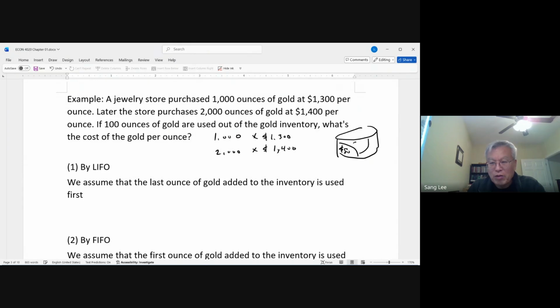Some, when the oil price went up, you had to pay $100 per barrel, or let's say $90, whatever. And they are all mixed up. So when you take some crude oil out to refine it, what's the price you paid for it? It's hard to tell. So in real life, we use one of these three methods.